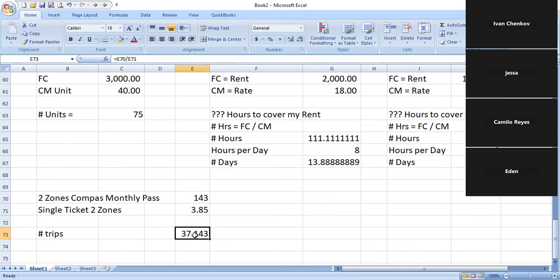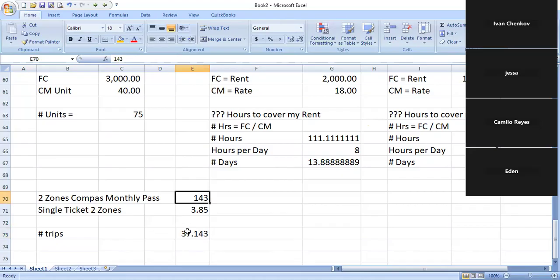But if you're not using the SkyTrain at least 37 times per month, then it doesn't make sense to pay for the monthly pass. Why? Because you're not using that monthly pass enough to justify the cost.